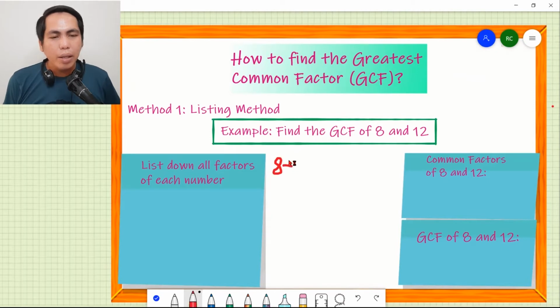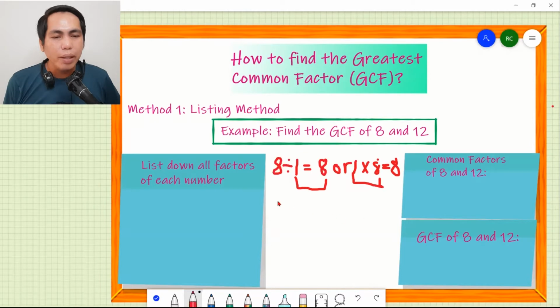So 8 divided by 1 will give us 8. So in other words, 1 and 8 are factors of 8. Or we can do the other way using multiplication. 1 times 8 is equal to 8. So meaning to say that 1 and 8 are factors of 8.